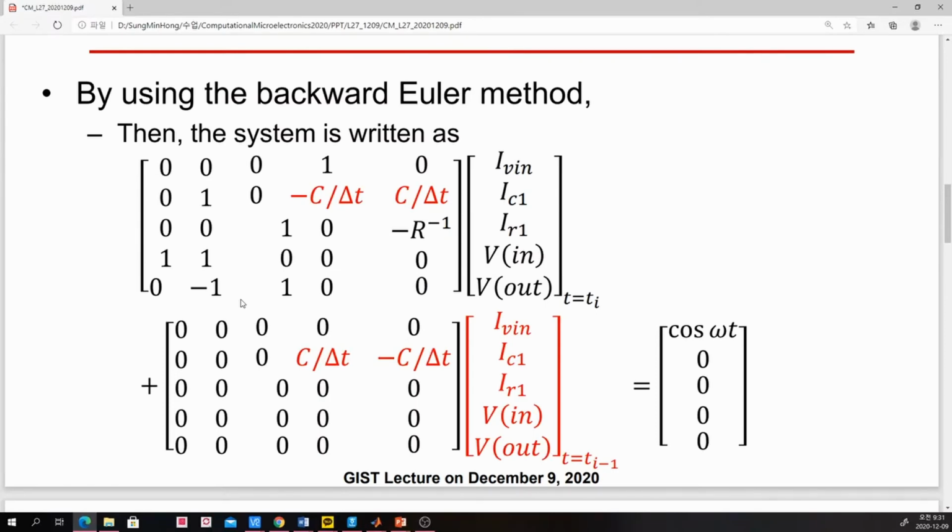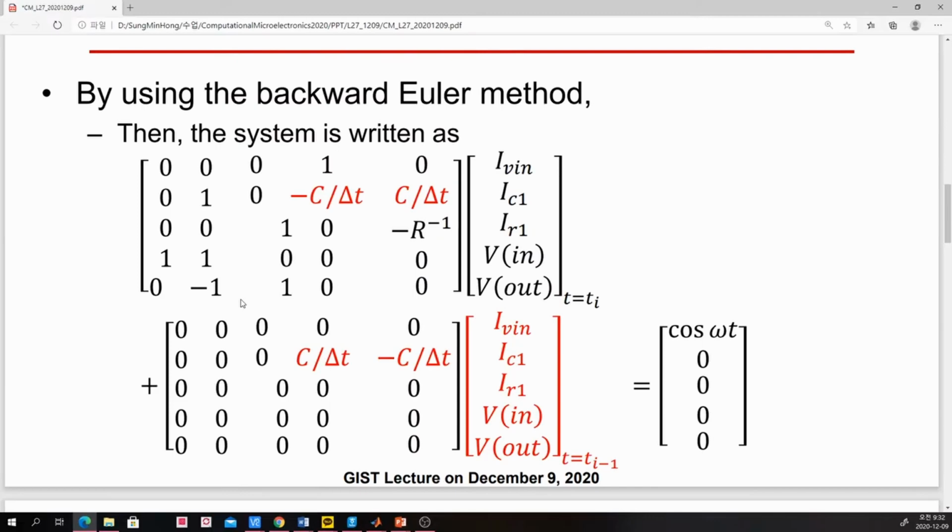Then the past time value can be regarded as a given constant, so that will contribute to your residue vector. That does not contribute to your Jacobian or unknown variable. Then your Jacobian will be slightly modified. Why?